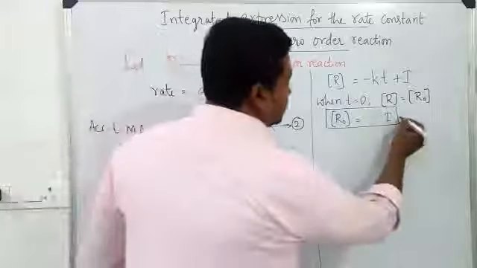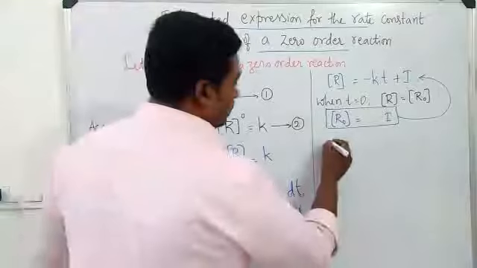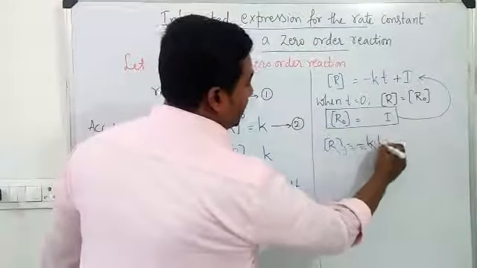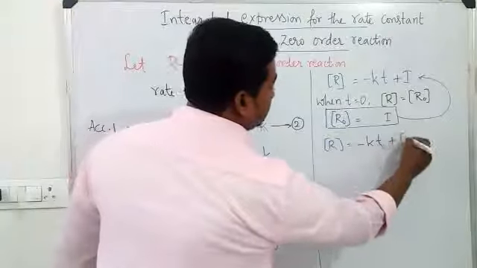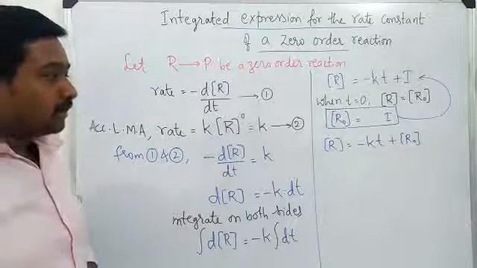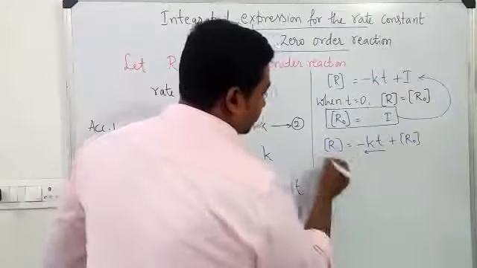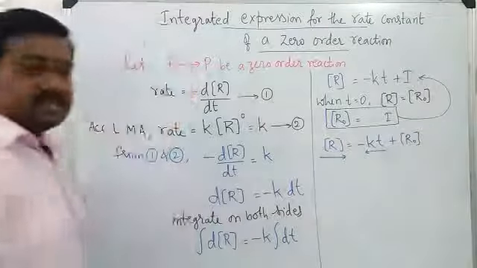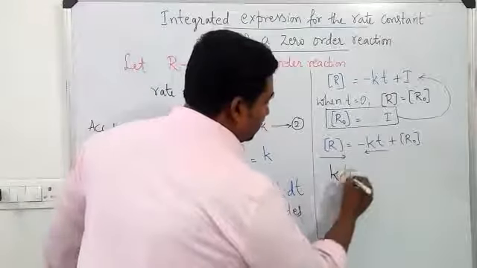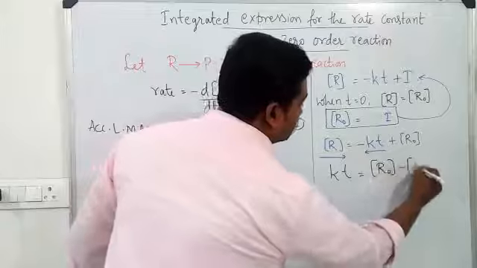Once again substitute the value of I in this equation, where we get concentration of R equals minus Kt plus concentration R0, that is initial concentration R0. Now take this Kt term to LHS and send this R to RHS. Now what do you get? You will be getting Kt equals concentration R0 minus R.